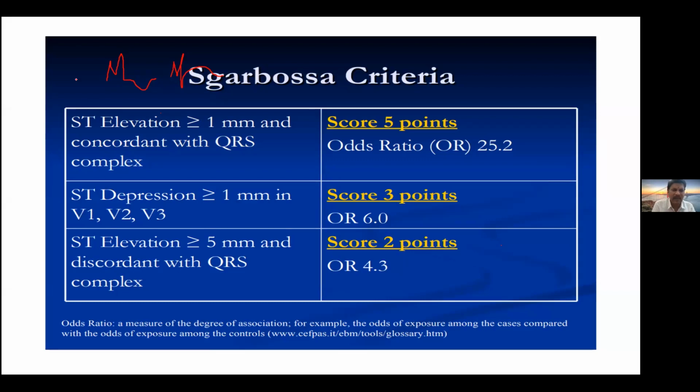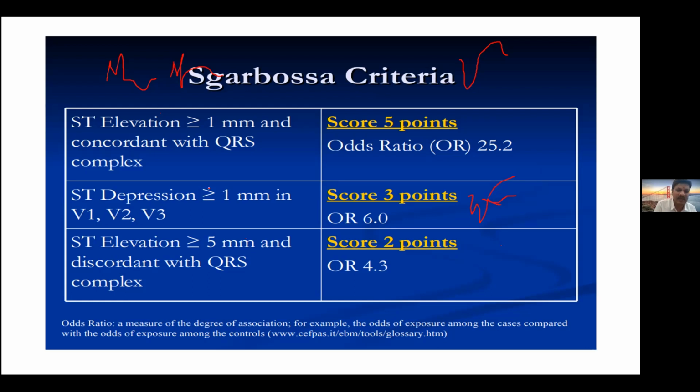In the same way, in case of LBBB, normally it goes like this. Here you have an LBBB, and instead of elevation, secondary ST-T changes, there is something coming down instead of going up.